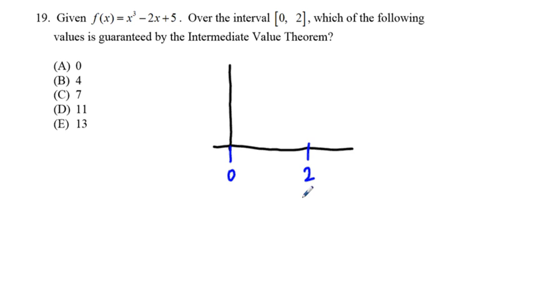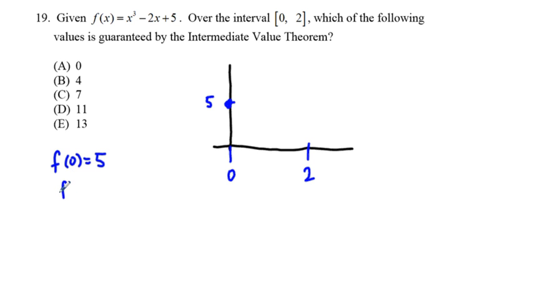So we're going to go ahead and plug in 0. If we say f of 0, it's going to be just 5. So at 5, we're going to have an output value.